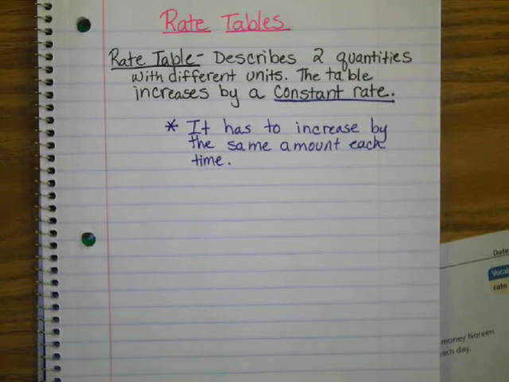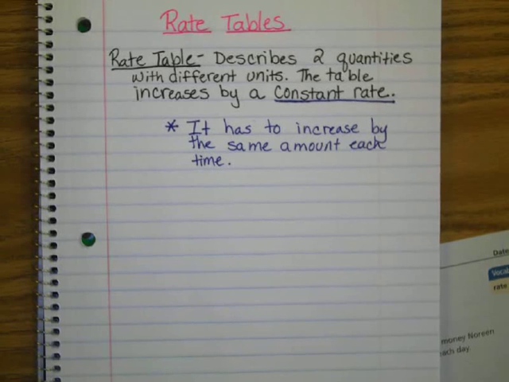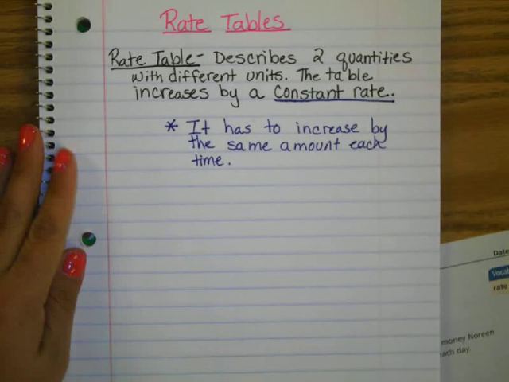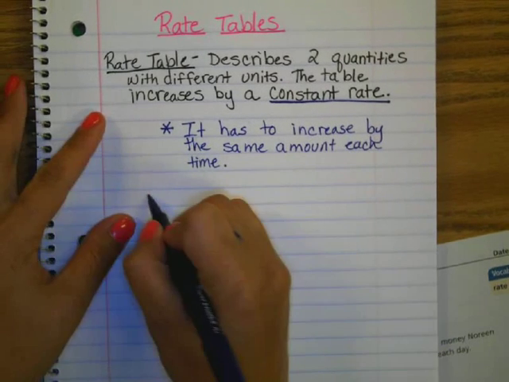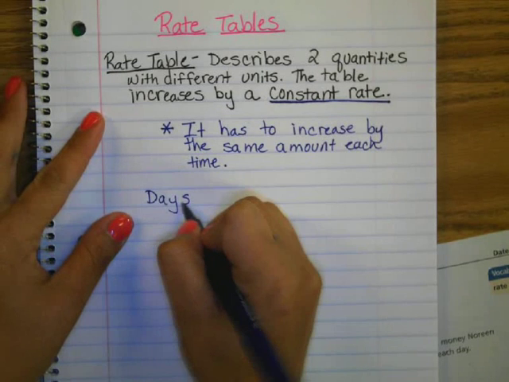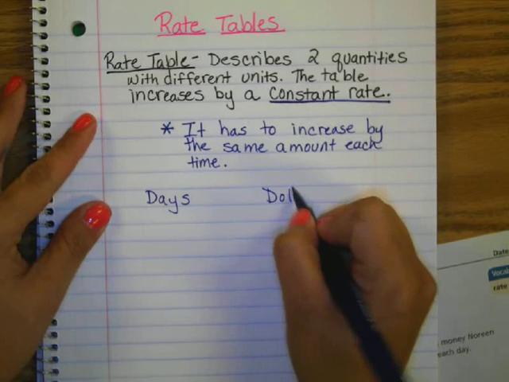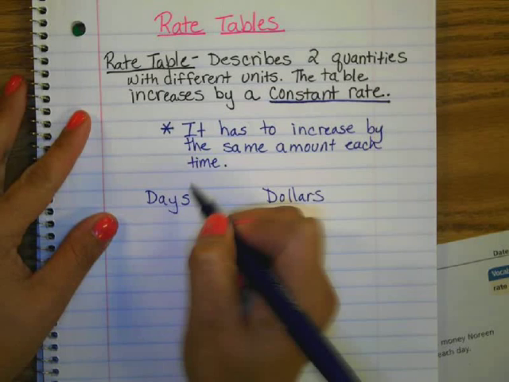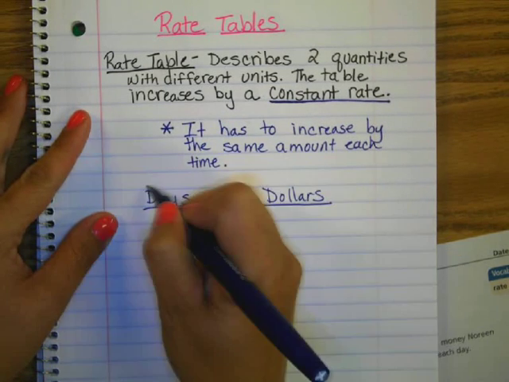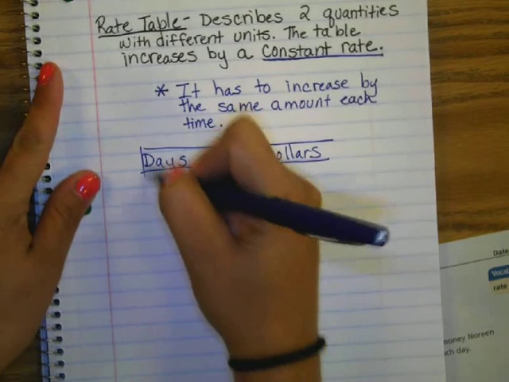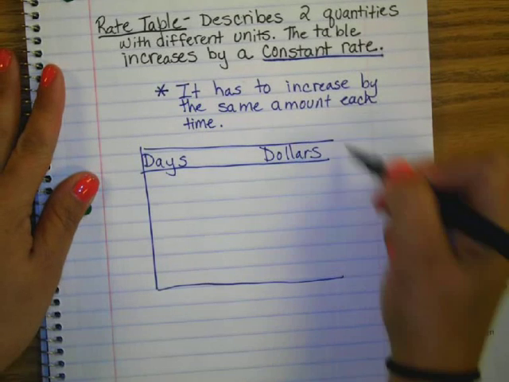So, let's just go ahead. We're going to have days on one side and dollars on the other, like so. And I can just kind of sketch my table. And you can draw a rate table pretty quickly. And under days, I'm going to number 1 to 6.